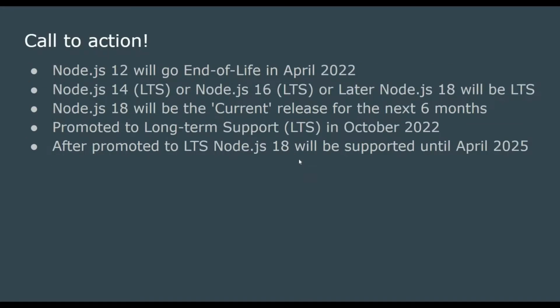So here we can see at the end, in summary, the call to action is that Node.js 12 is going to reach end of life in April 2022. So this is a kind of flag. If you have an application in Node.js 12, better upgrade it to another LTS long-term support version, so that it will be easier for you to upgrade and have a highly secure application with new features available.